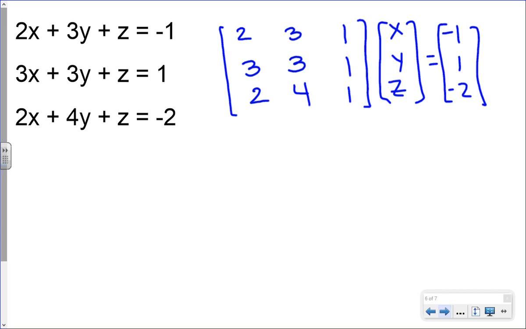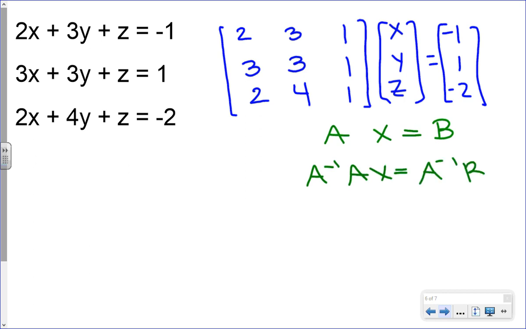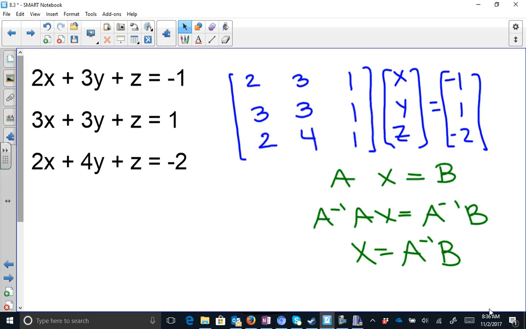This would be our matrix equation. And much like before, we could call this A times X equals B. In order to get X by itself, we would have to multiply both sides by A inverse so that we could solve for the variable matrix. Question? Okay. So this is what we're going to do in our calculator.